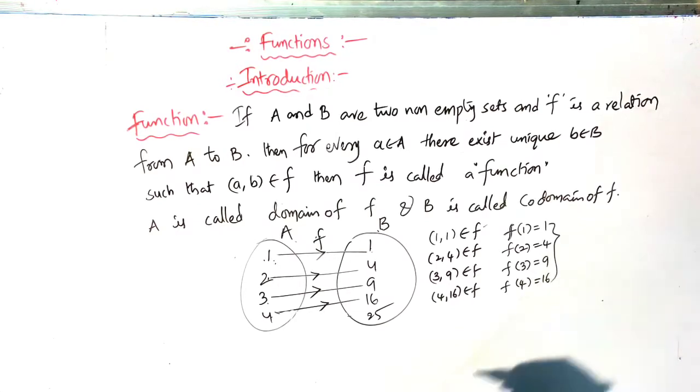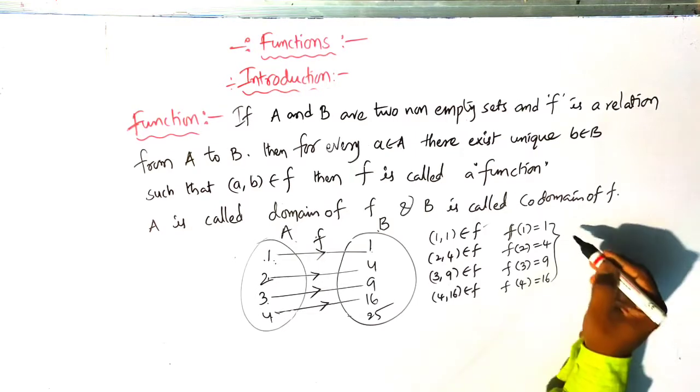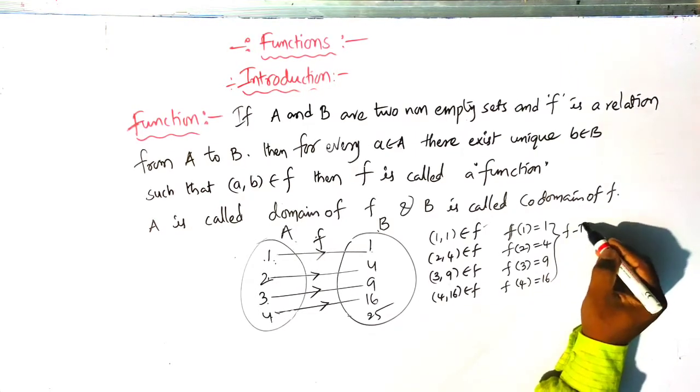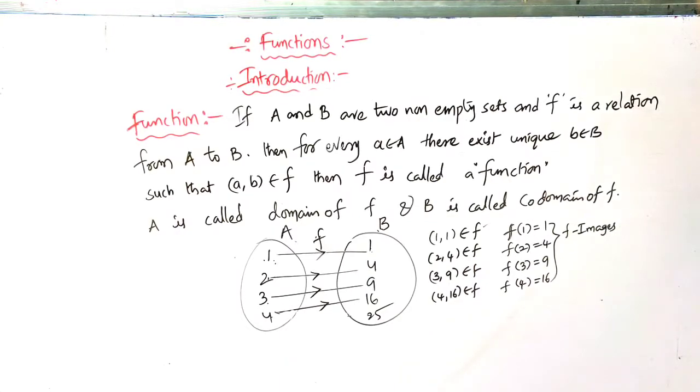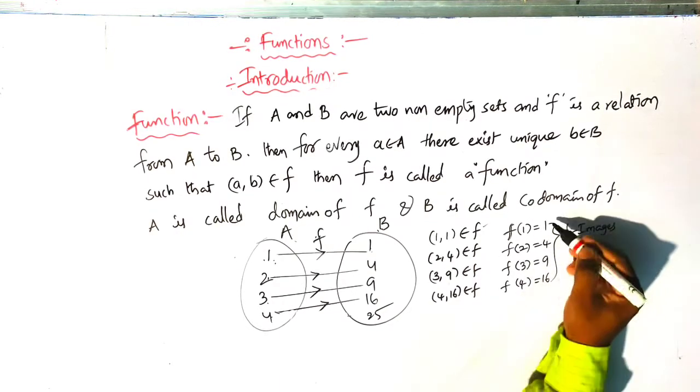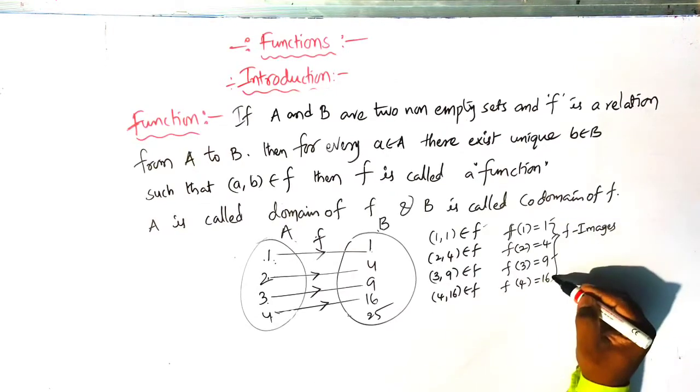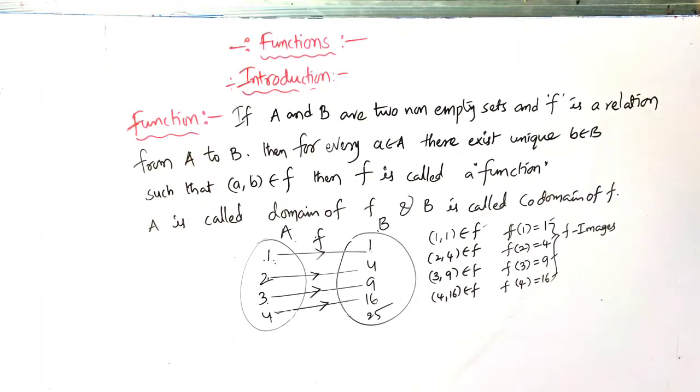So we got here 1, 4, 9, 16. These are called f images.